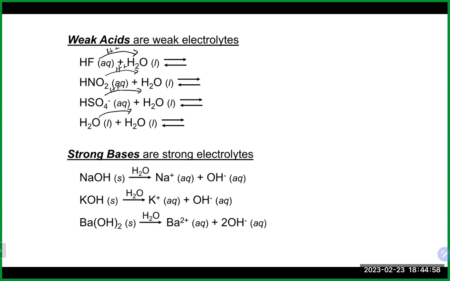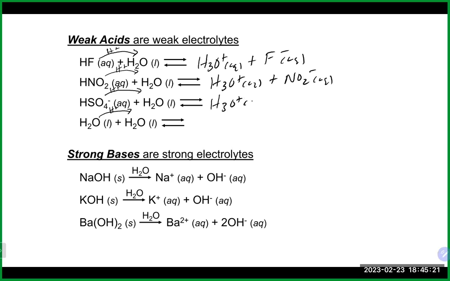And again, here they did write the water in the equation, so we'll finish it up correctly based on that. That will give us H3O plus and F minus. That'll give us H3O plus and NO2 minus.